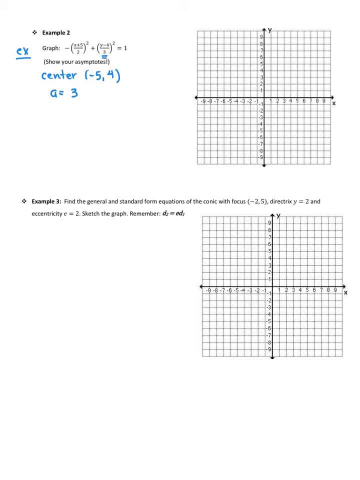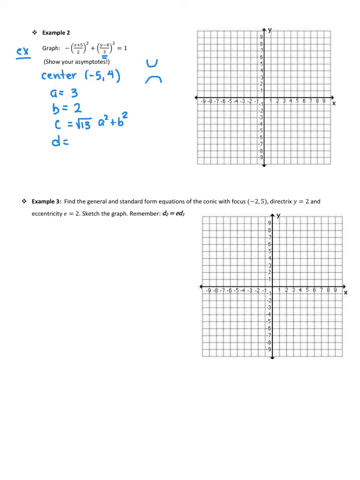That's underneath the y now, because this graph is going to go off in the vertical direction. I know that b is going to be a distance of 2. I know that c, which is your focal distance, so a squared plus b squared, so 9 plus 4, will be the square root of 13.